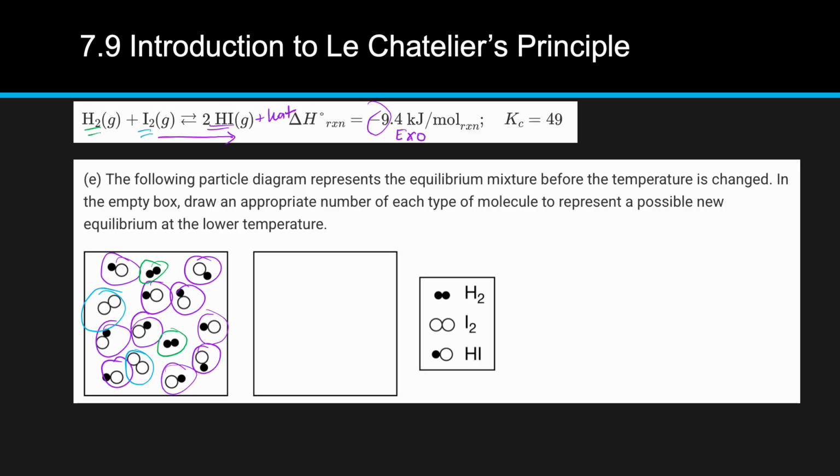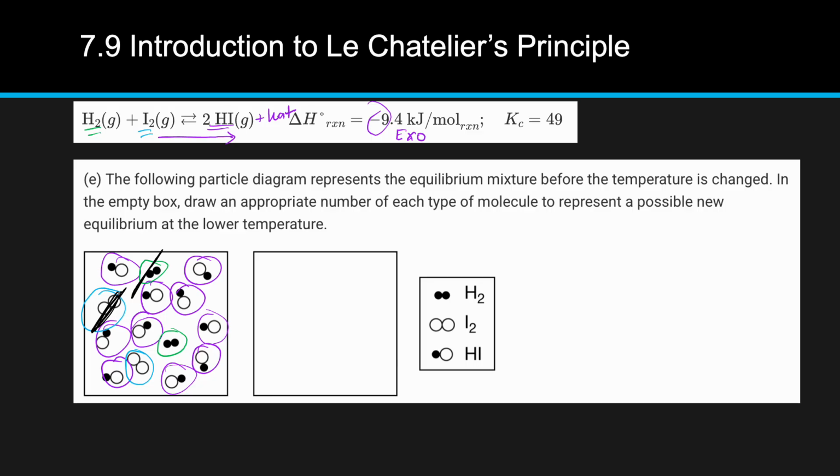I only have 2 molecules of each of my reactant, and we don't want to completely eliminate the reactants because that means equilibrium is no longer able to exist. So we're just going to take 1 of each of those. We're going to get rid of 1 of our H2s and 1 of our I2s, and we're going to be able to make 2 of our HI product.